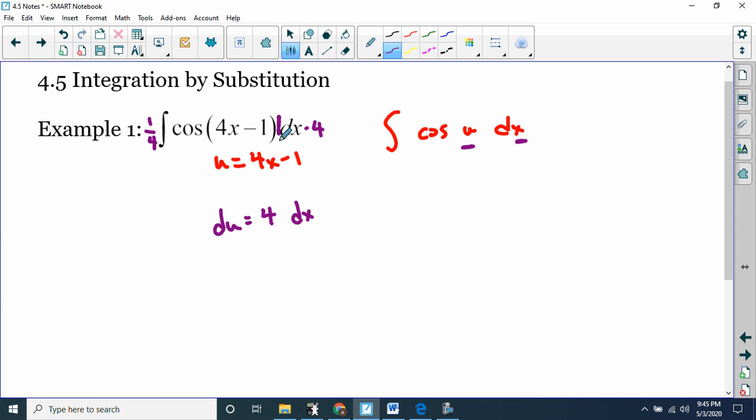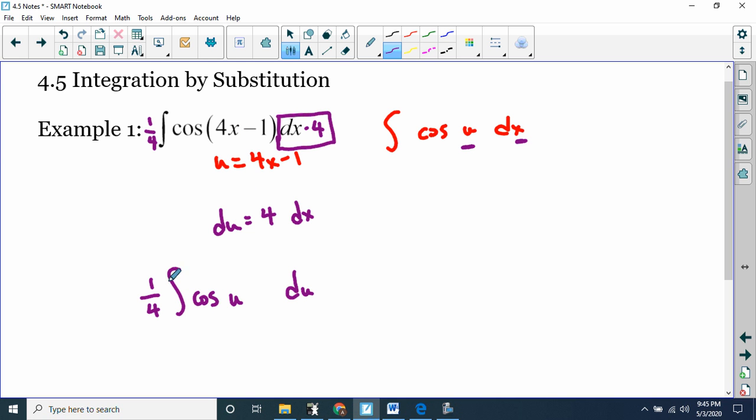So this 4 times dx is the same thing as du. This 1/4 I'm just going to bring down, since a constant, a number, you can move out front. Times the integral of cosine, and instead of 4x minus 1, 4x minus 1 is equal to u.